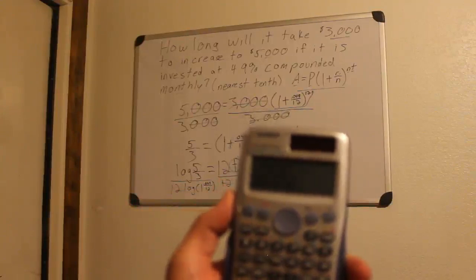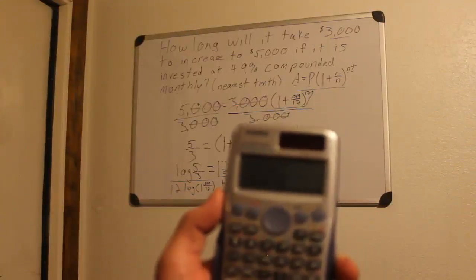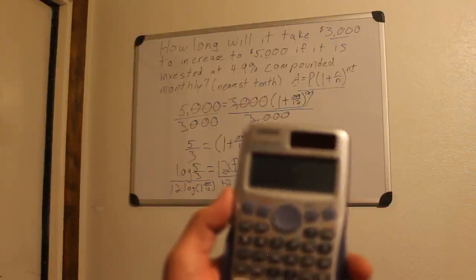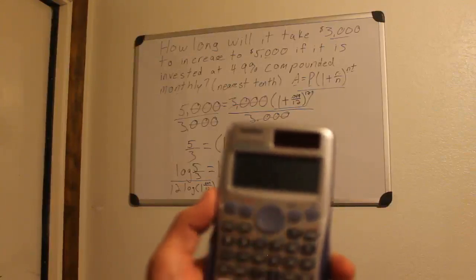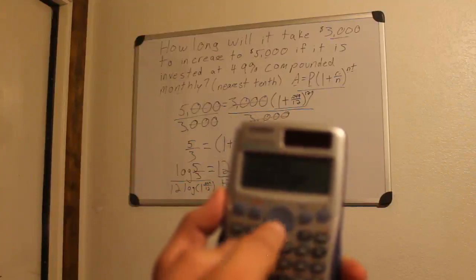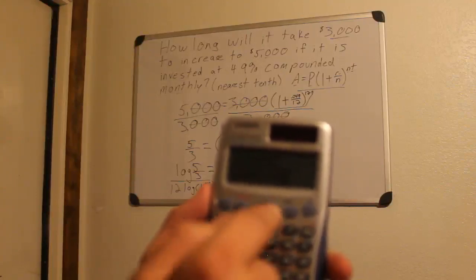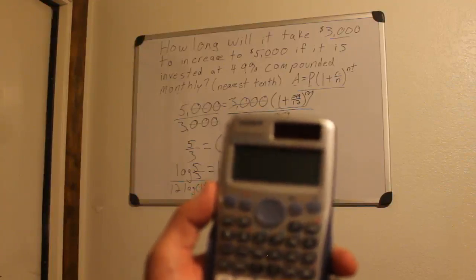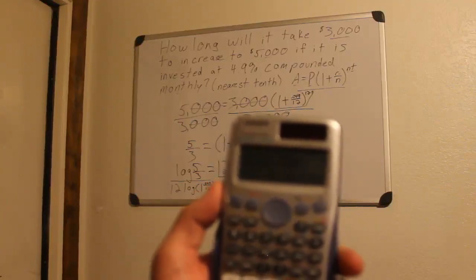If not, it'll try to multiply 1 and 0.049 over 12 together, which will not give you a correct answer. So now you type in 1 and 0.049 over 12. Make sure you close your parentheses. Enter.